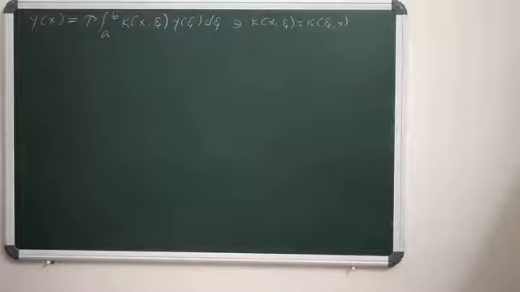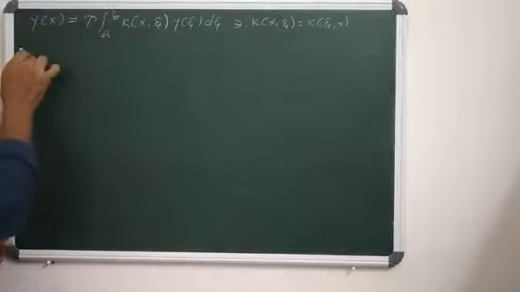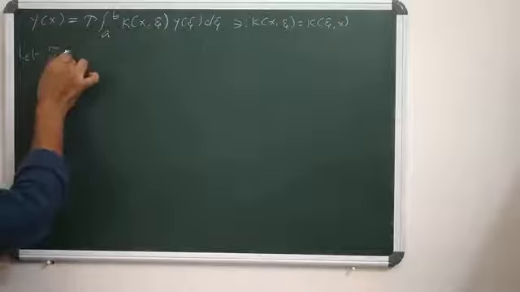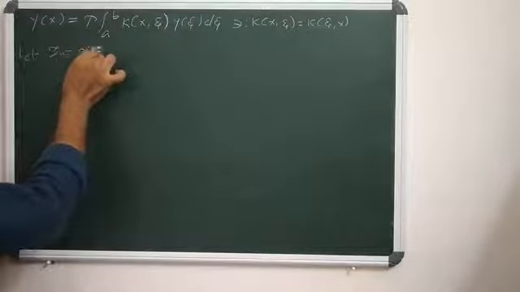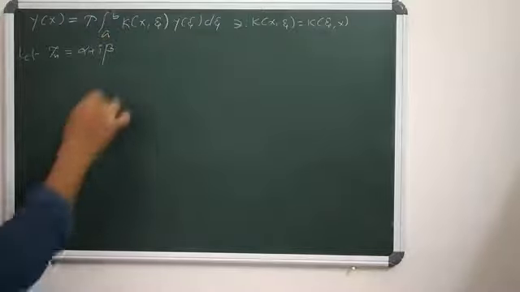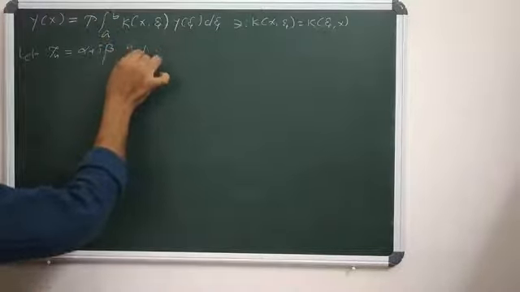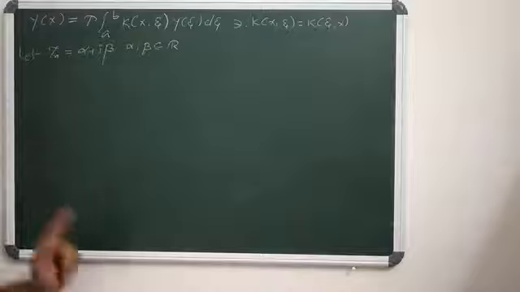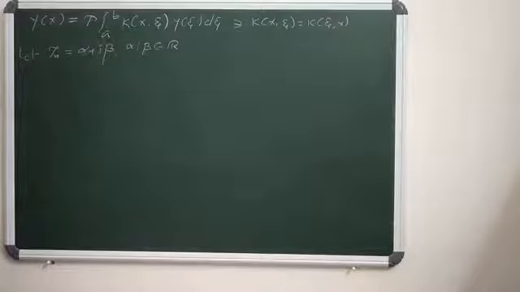For showing the characteristic values are real, we assume that lambda n is a characteristic value. Suppose it is not real, meaning lambda n equals alpha plus i beta, where alpha and beta are real, is the characteristic value or eigenvalue of the given Fredholm integral equation.